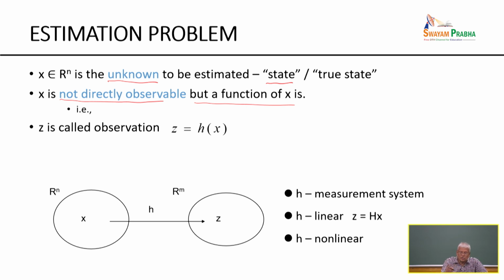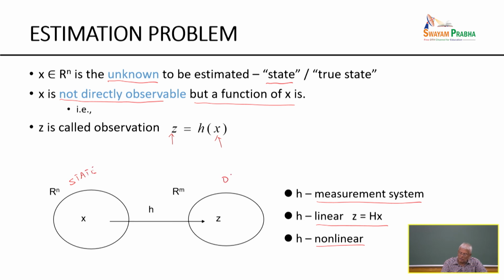So Z is called the observation, X is called the state, and the mapping that goes from X to Z, H, is called the measurement system. When H is linear, Z is equal to H of X, it is a linear measurement system, otherwise it's nonlinear. This we have called the state space.